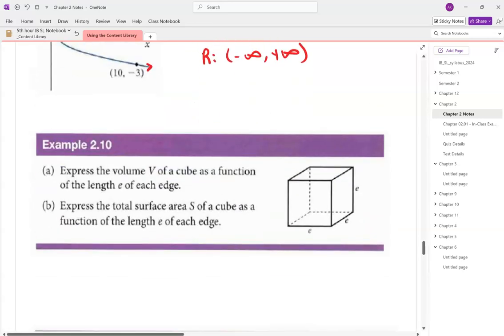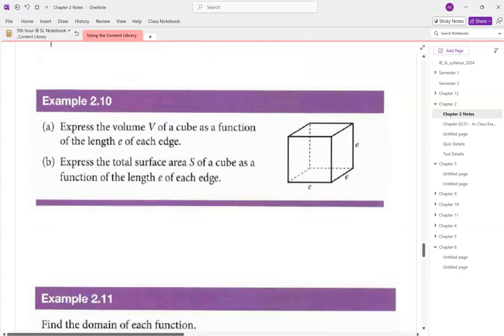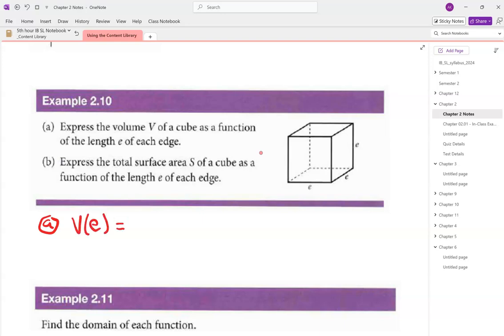Absolutely. All right. Here it says to express the volume of a cube as a function of edge length of the cube. So here we're just going to write function notation equations. So volume as a function of edge length. So I'll write V of E equals. Everybody's okay with that? And then how do I find the volume of a cube?